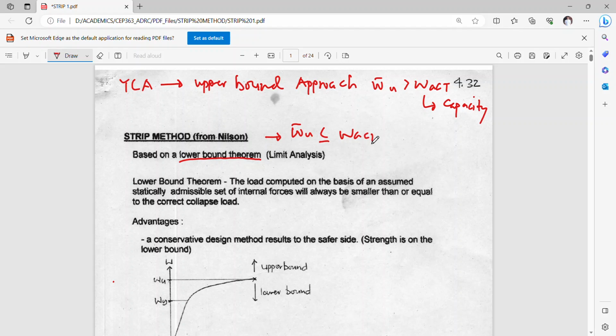So perhaps we can deduce from this that the strip method is a rather conservative method, while the YLA or the yield line analysis is a rather less conservative approach. Not to mention the advantage of one over the other in terms of applicability.